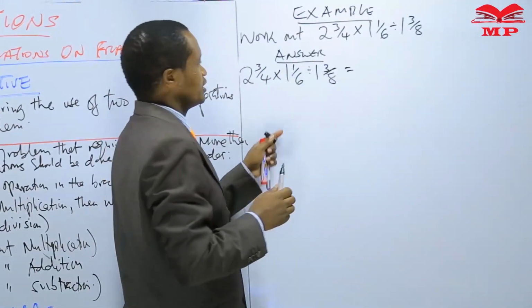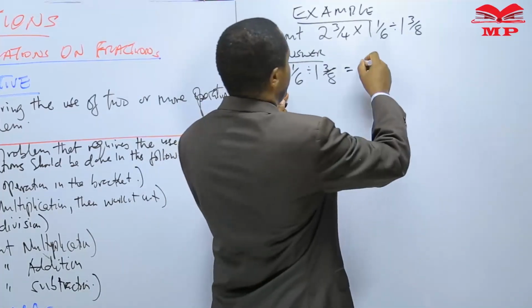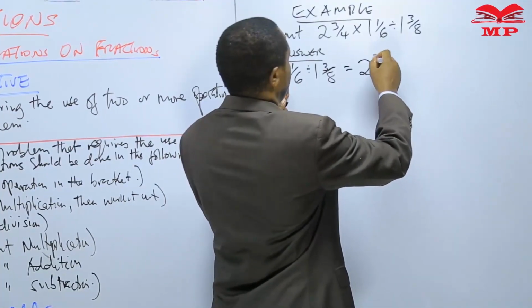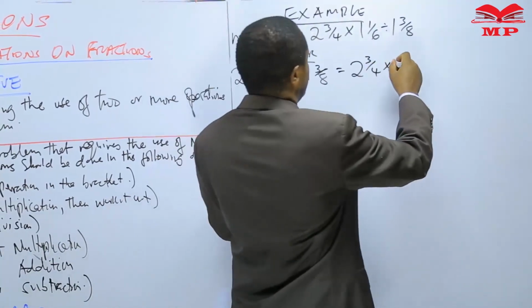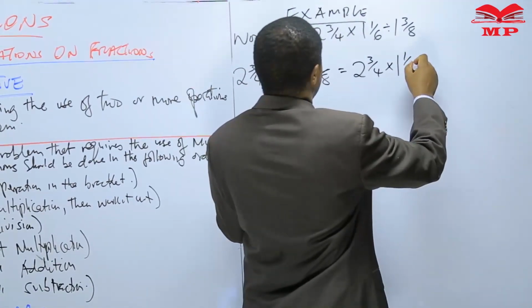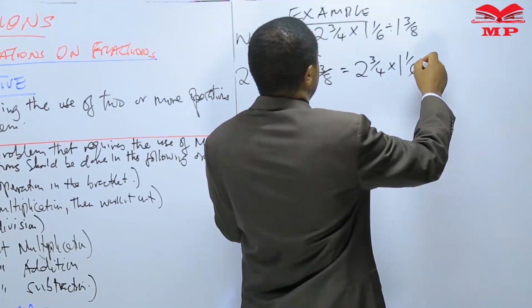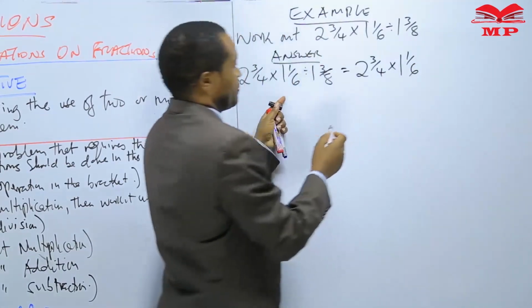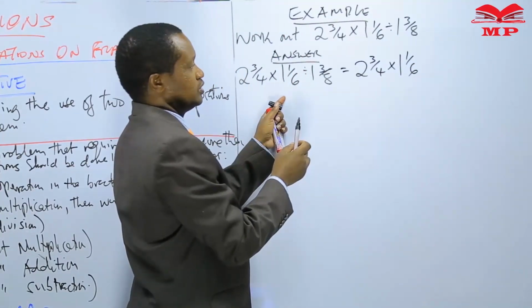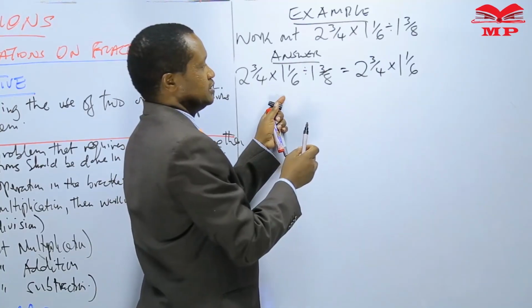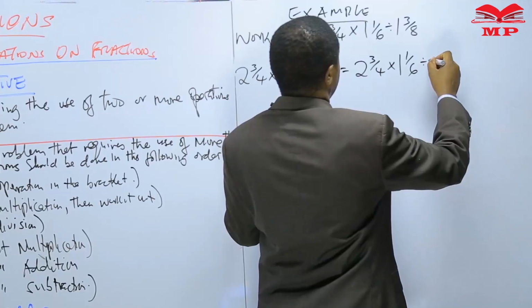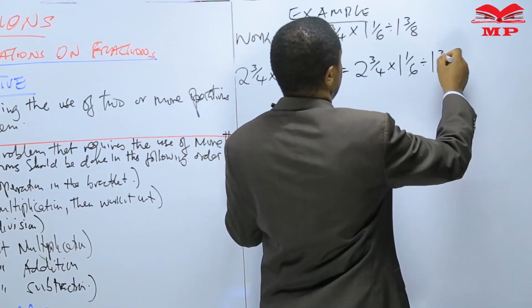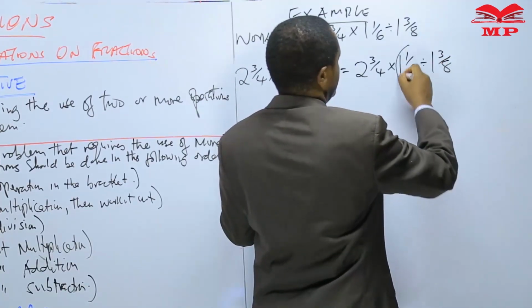So here we start by division: 1/6 divided by 1 3/8. So we will divide first.